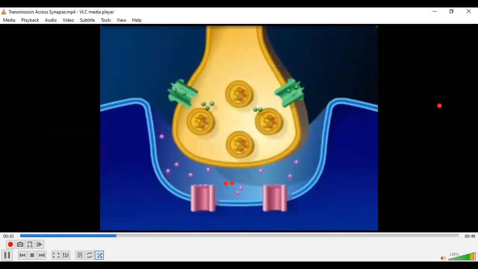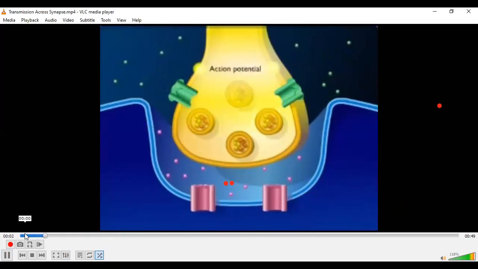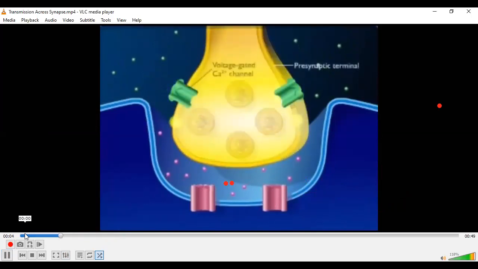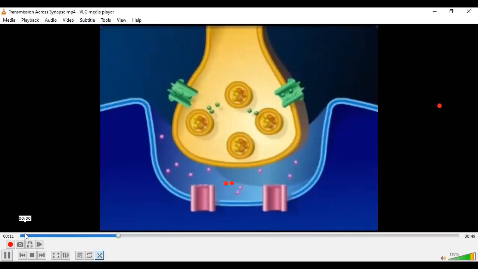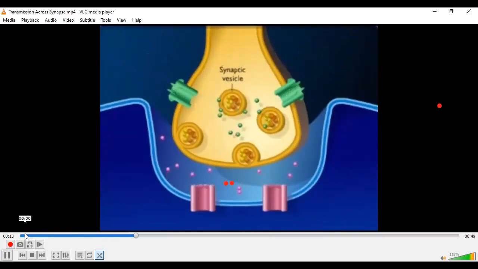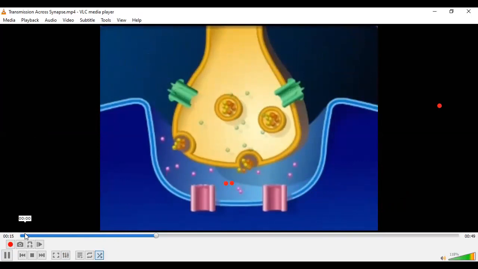To the cell and cause synaptic vesicles to relieve action potentials arriving at the presynaptic terminal cause voltage-gated calcium ion channels to open. Calcium ions diffuse into the cell and cause synaptic vesicles to release acetylcholine, a neurotransmitter molecule.